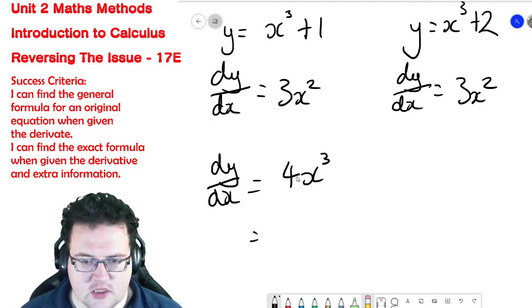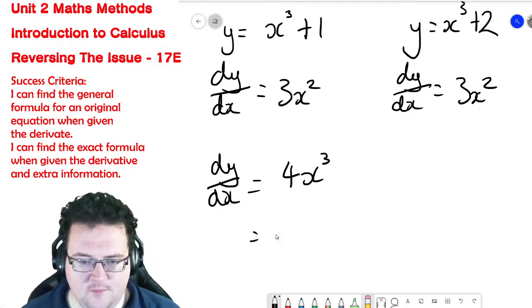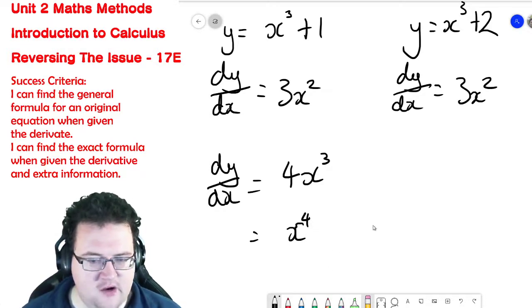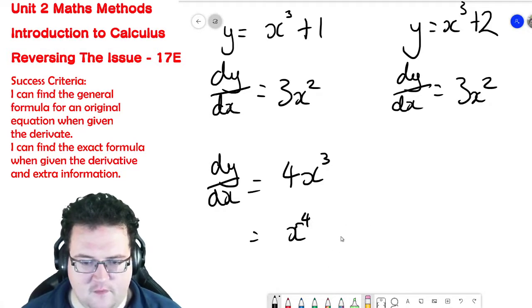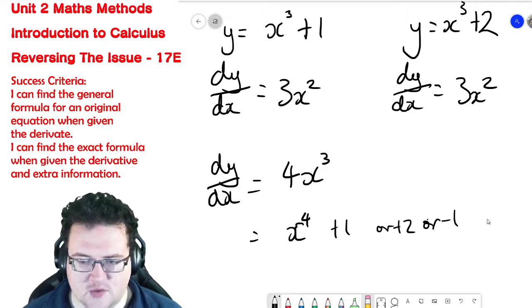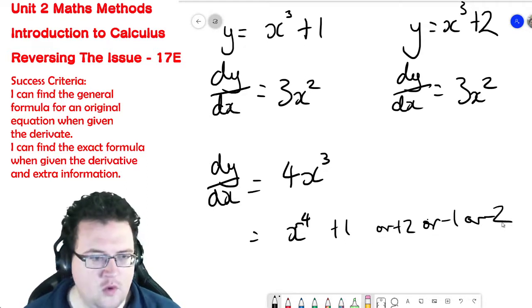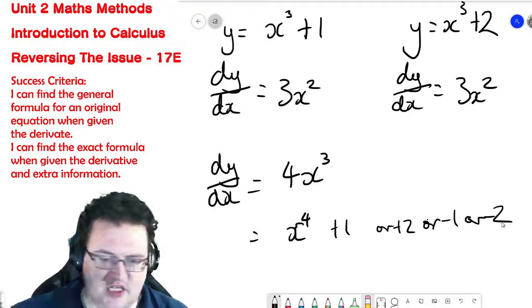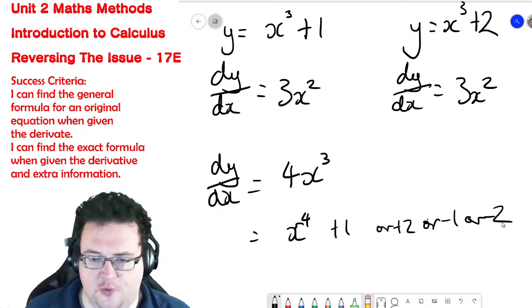All right, so instead, we add 1 to the power and then divide by the new power. So it is in fact going to be x to the power of 4. But is that x to the 4 plus 1, or plus 2, or minus 1, or minus 2, or minus 3, or minus 4, or minus 5, or plus 5, plus 6, plus 7? We don't know.